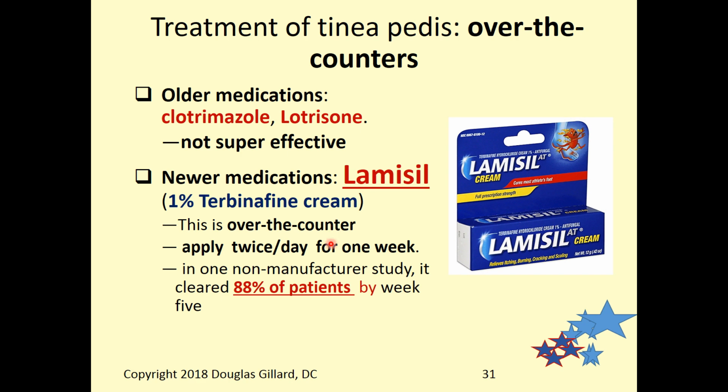There's been some non-manufacturer research. What's that mean? Non-manufacturer means we don't want to look at the research from the company who makes this. We want to look at independent research by people who aren't paid off by these companies. And one good study showed about 88% effectiveness completely clearing the lesions. It did take 5 to 6 weeks to do it, though, just by using the over-the-counter.